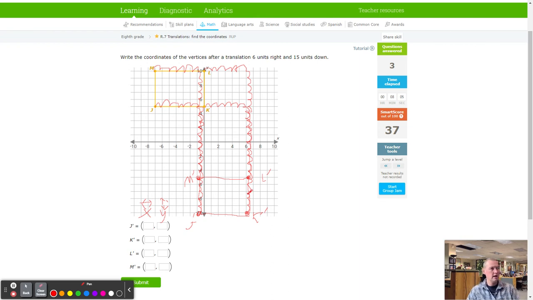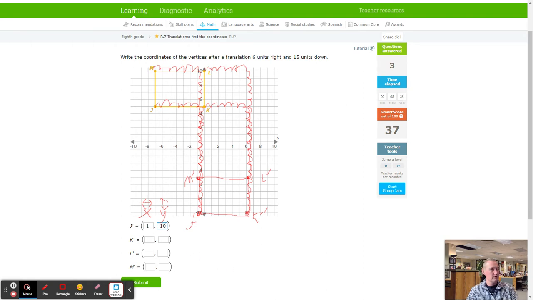All right, so let's go ahead and start with J prime. So J prime is going to be, how do we get there? It looks like we need to go to the left, -1, and down, -1, -2, -3, -4, -5, -6, -7, -8, -9, -10. Okay, is that -1, -10?